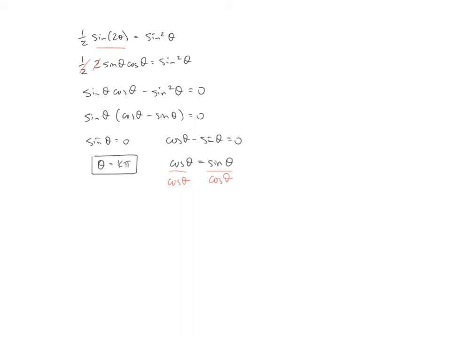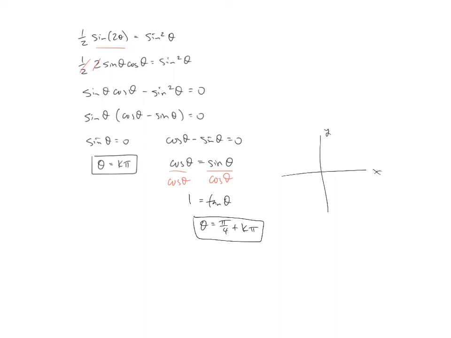Now in doing this, you can see that over here on the right, sine over cosine would give us tangent, and then cosine over cosine would equal 1. So for us, tangent of theta equals 1. This suggests theta is going to be pi over 4, and then plus k pi, again, because it's a tangent trig function. So you can certainly draw that one out if you need to.